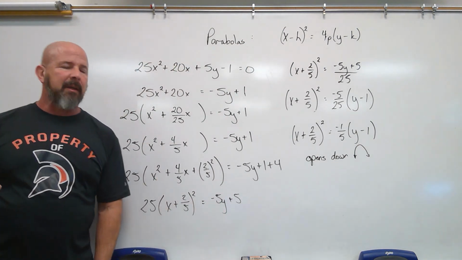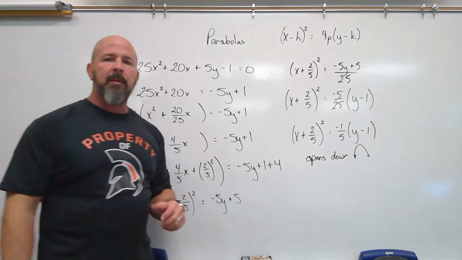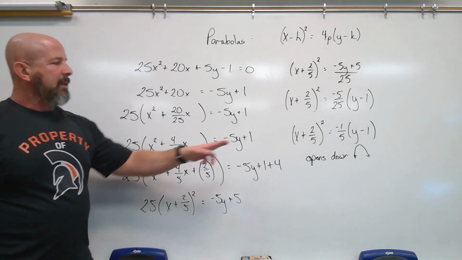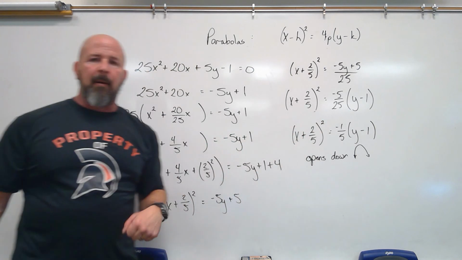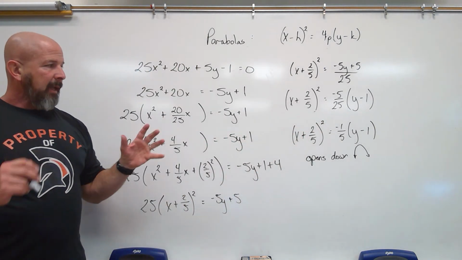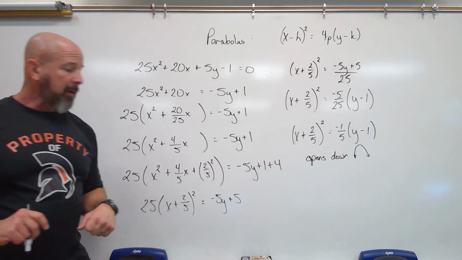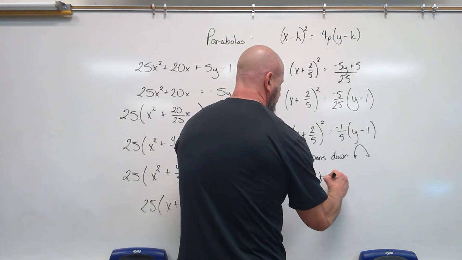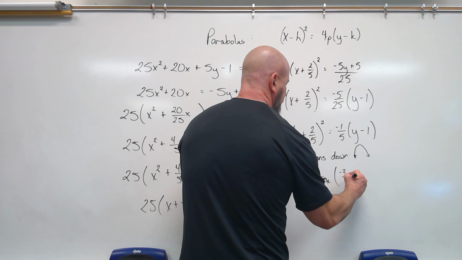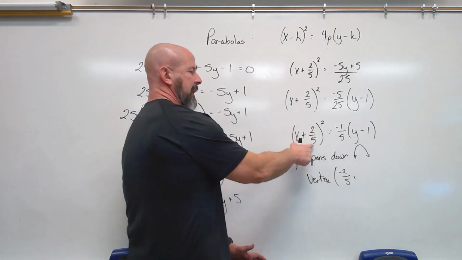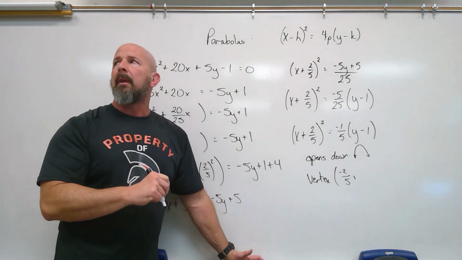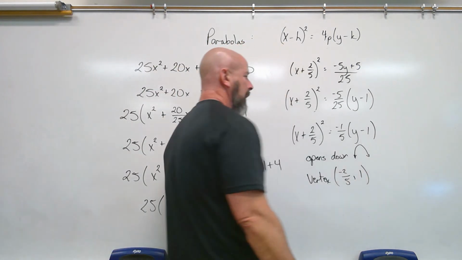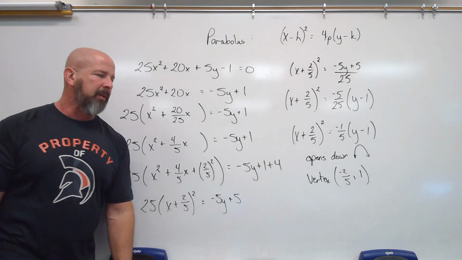I know that because x is squared, which means it opens up or it opens down, and I see the negative, so that's going to give me that down position. In that standard form, I can now tell where my vertex is. Vertex is that (h, k). So vertex would be negative 2/5. There's my h. h is always with x. And my k value would be 1. So there's my vertex.